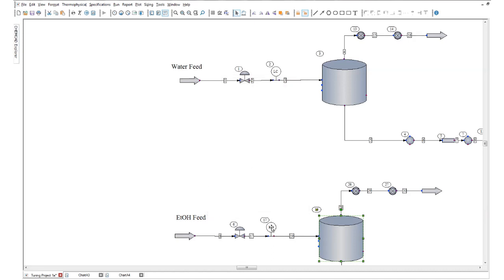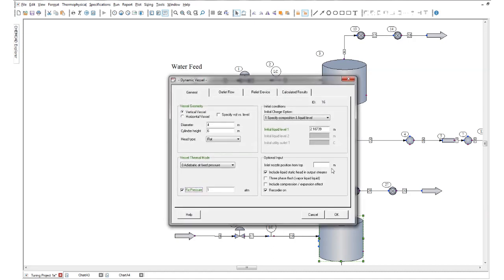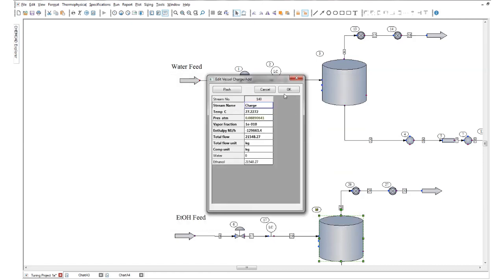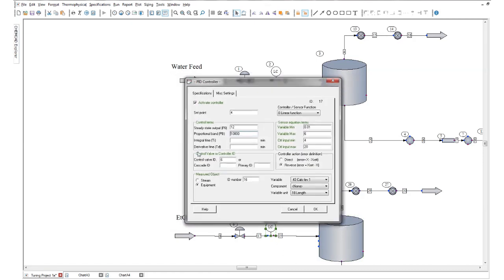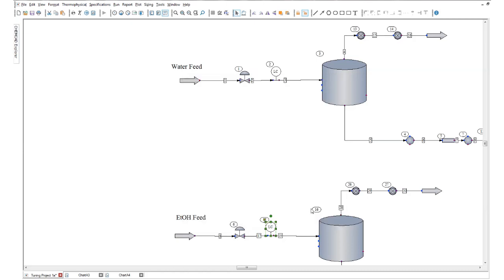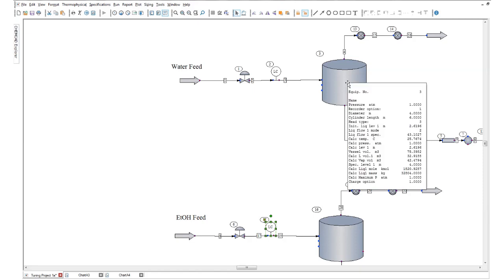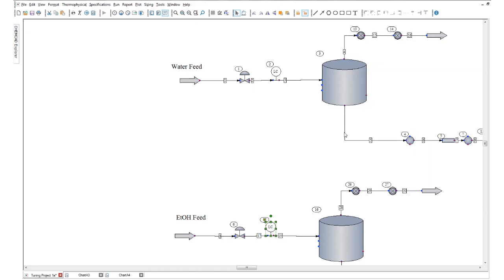To make this a little easier for us all, we'll make this 2.7 meters for right now. Now remember, this is just a feed tank. As long as we don't run dry or overflow the feed tank, that's the only purpose it has. The level can be at a low value or a high value in the tank.